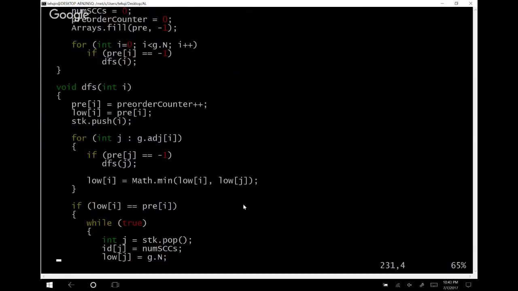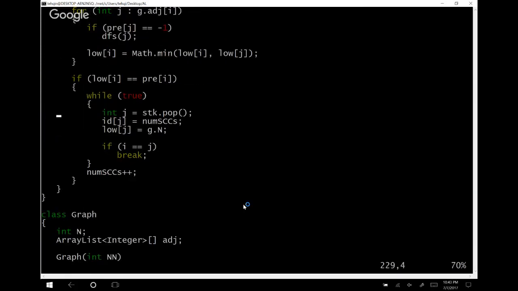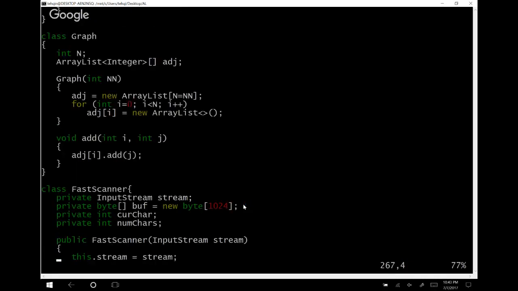Small chance of the bugs in the SCC code, but that would be a shame.